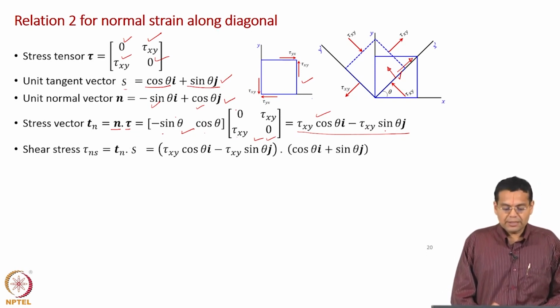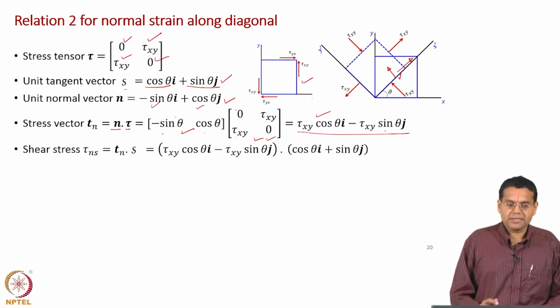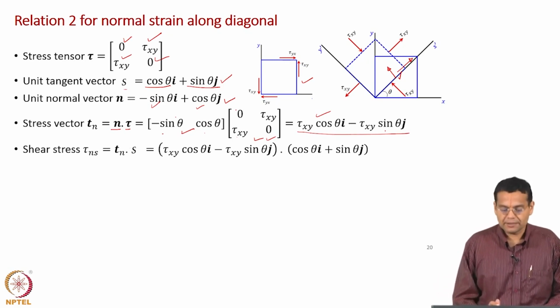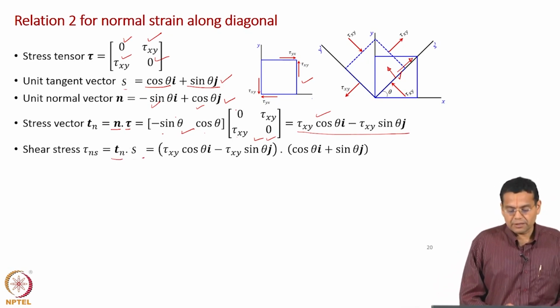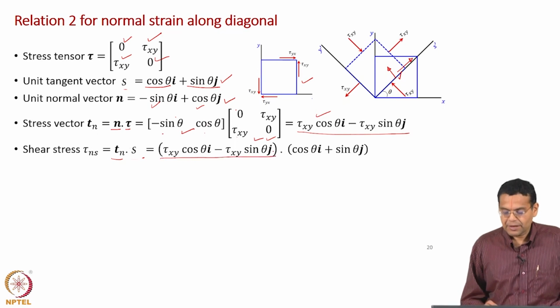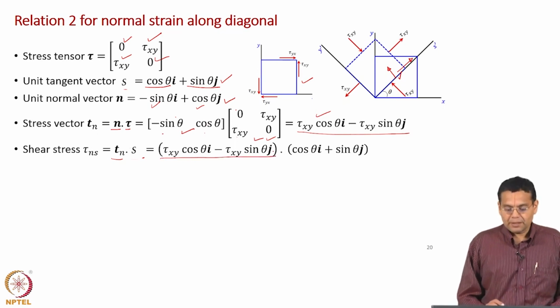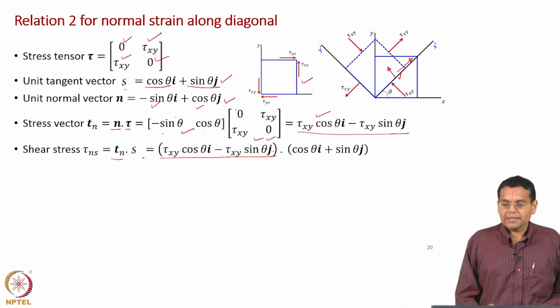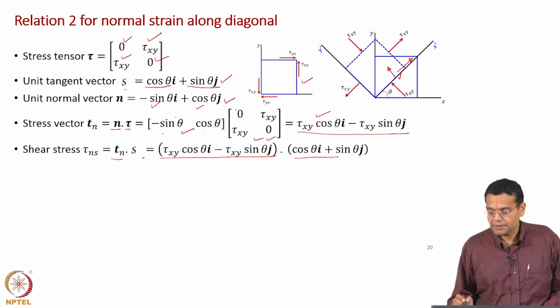It is just the projection of the stress vector along the tangential direction. So, take a dot product of the stress vector with the unit tangent vector. This vector is from the previous line, tau xy cos theta i minus tau xy sin theta j, dotted with the unit tangent vector, which is cos theta i plus sin theta j.